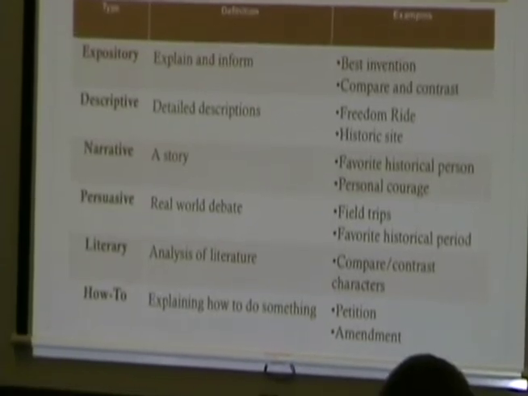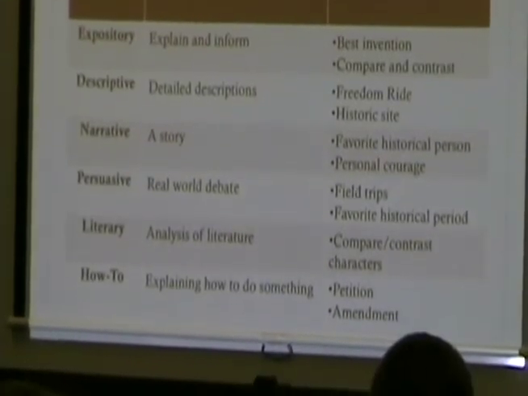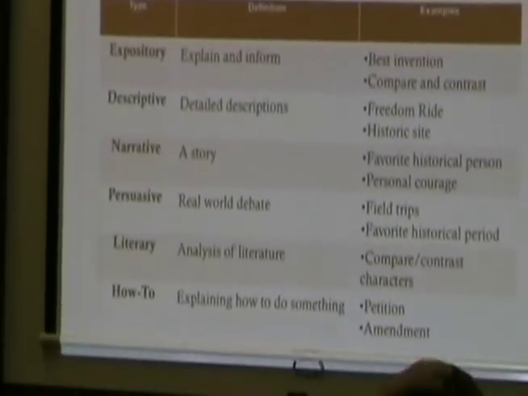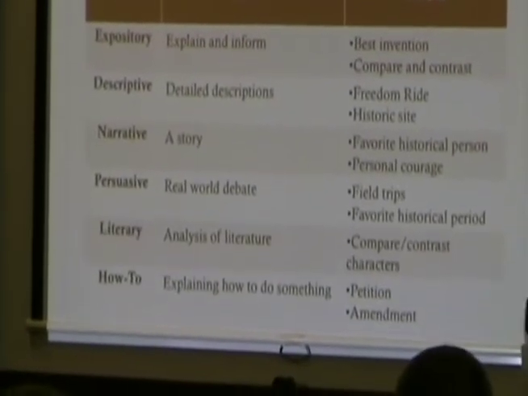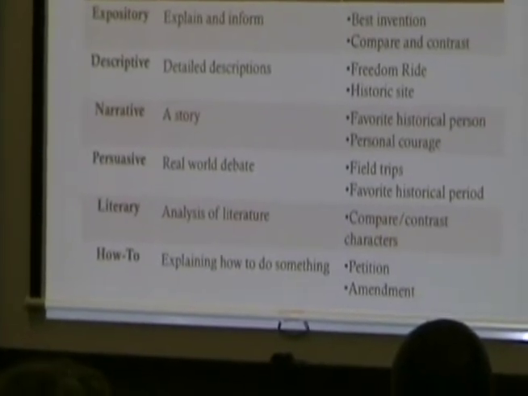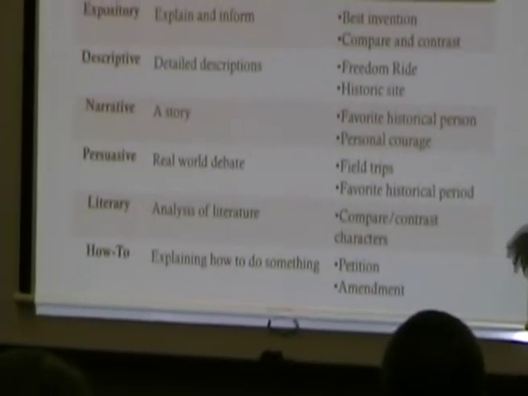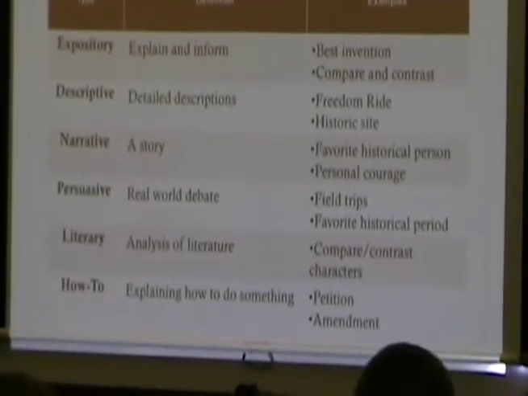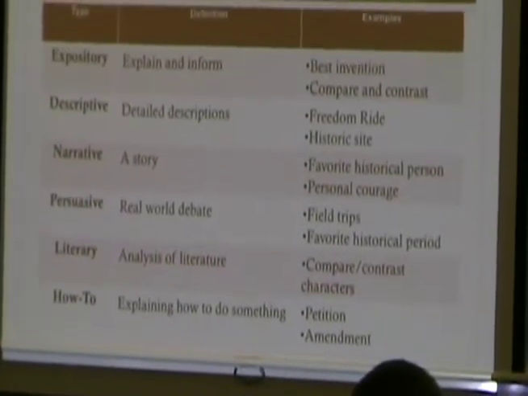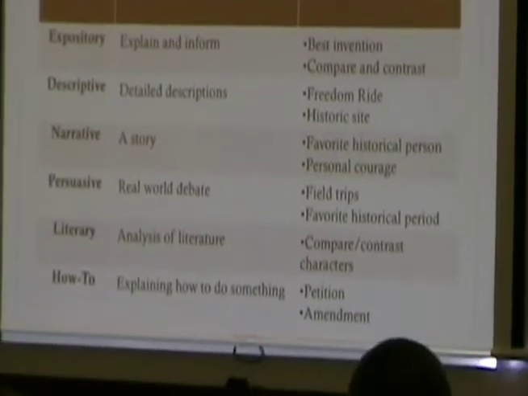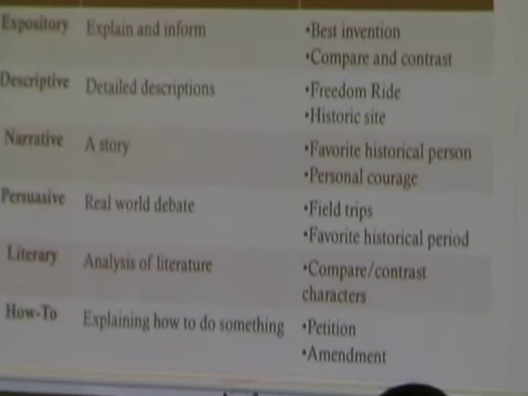And I've defined what those are and given some examples of the kinds of writing. So expository, descriptive, narrative, persuasive, literary, or how-to, right? Those are the different ways that you can write anything. And I've offered here some examples of what that could look like in a social studies context. Okay? This is all just by way of framing where we're going with this writing exercise today.